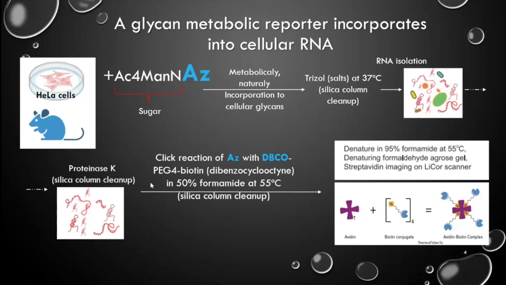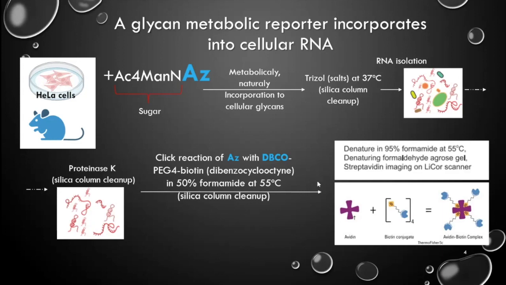Afterwards, they applied the quick reaction with the azide using DBCO-PEG4-biotin. This molecule immediately binds to the azide, and in 50% formamide at 55 degrees Celsius, it also reduced the DNA, making the complex which contains the biotin and could be further visualized on the scanner.